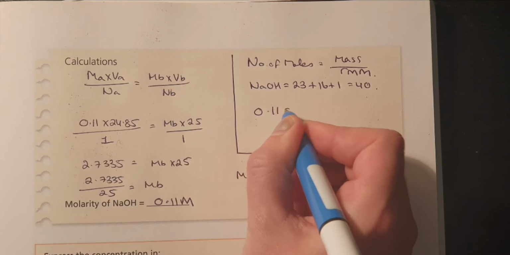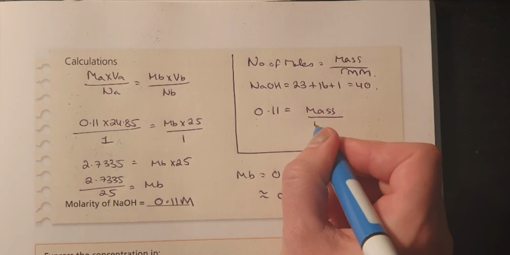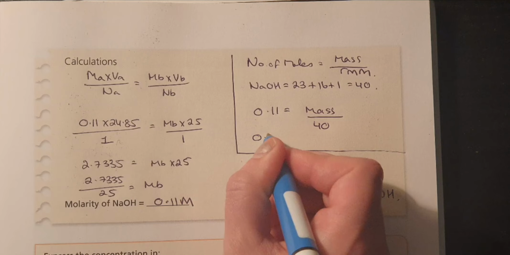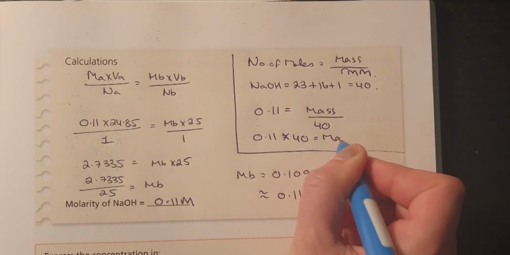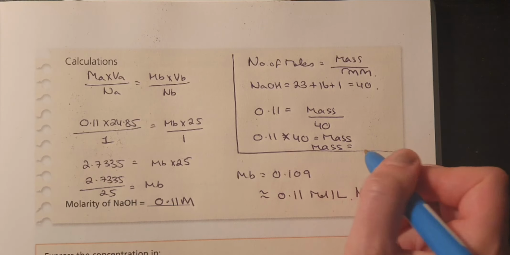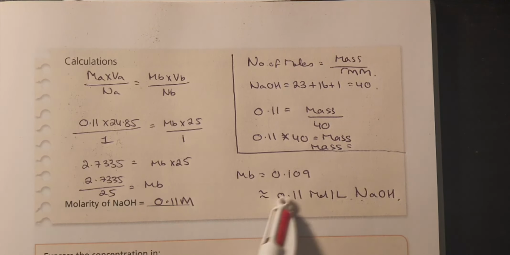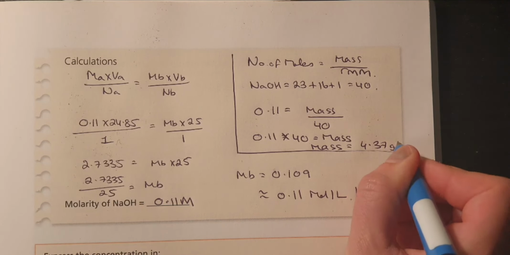We don't know the mass, but we know the relative molecular mass is 40. So 0.11 times 40 equals the mass. So the mass that was used to make up a litre of 0.11 solution is 4.37 grams per litre.